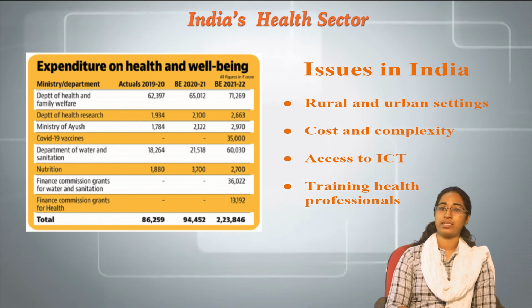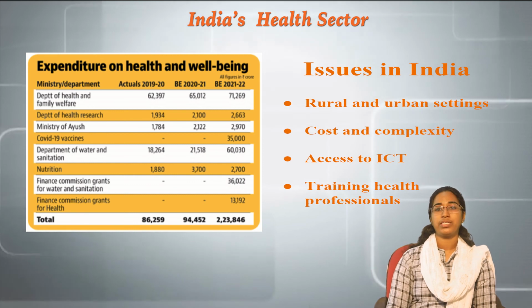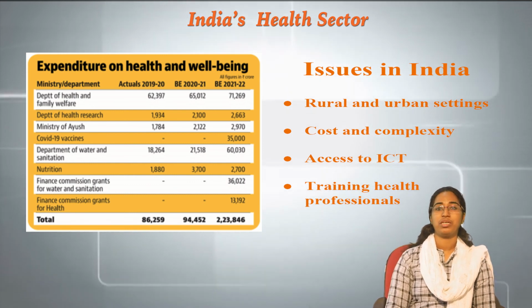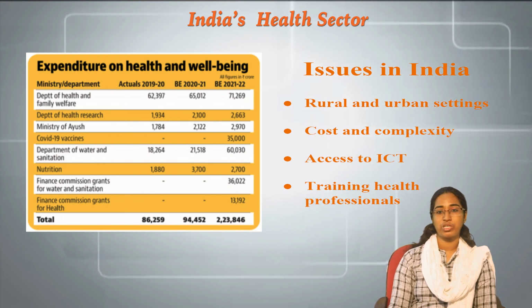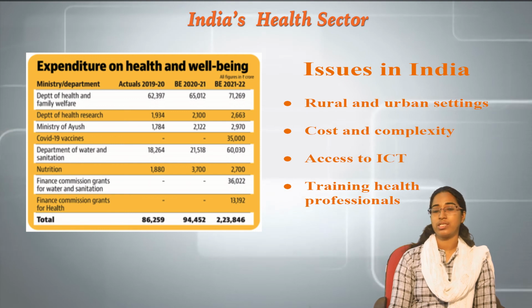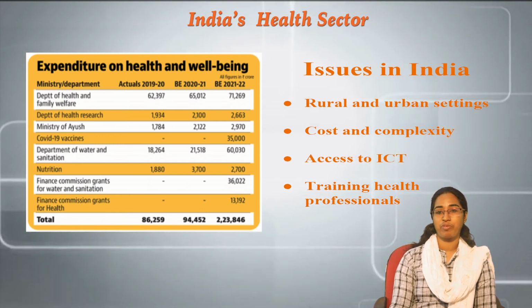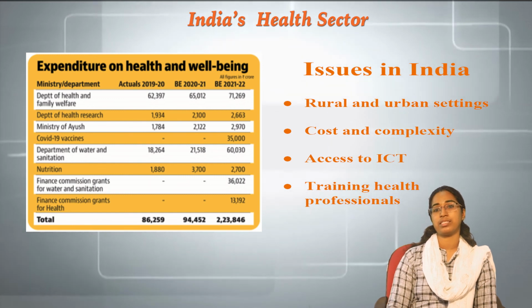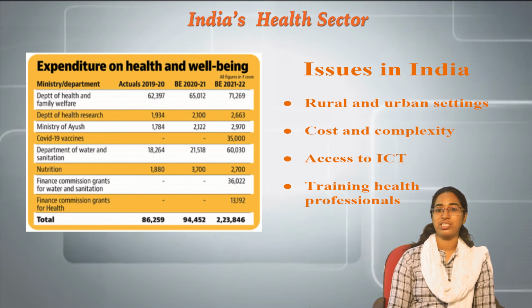Still, rural and urban settings are facing issues, not only in access to health information, but also in reach to health information, transportation problems, and training of health professionals. It is already noted that community health workers, that is, the health care providers or intermediaries, are provided with digital tools as part of the Digital India initiative.